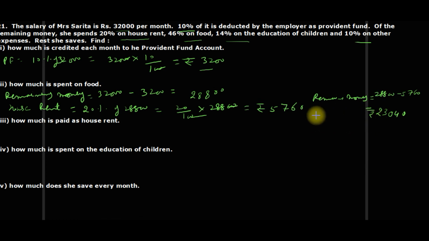Now spent on food, 46% of 23040, that would come out to be 46 upon 100 multiplied by 23040. 0 got cancelled.